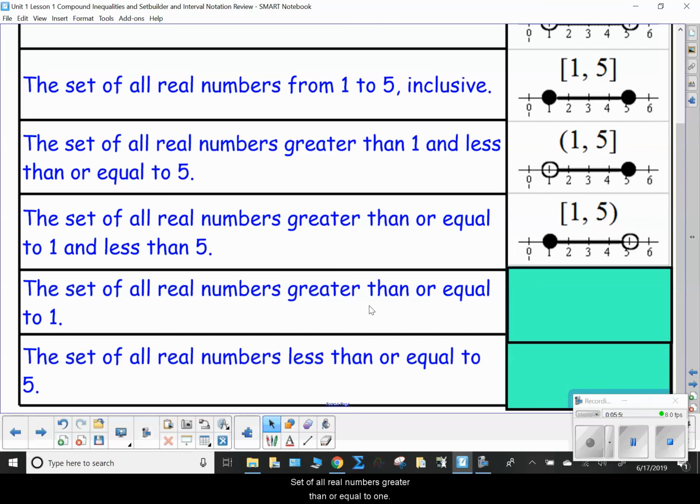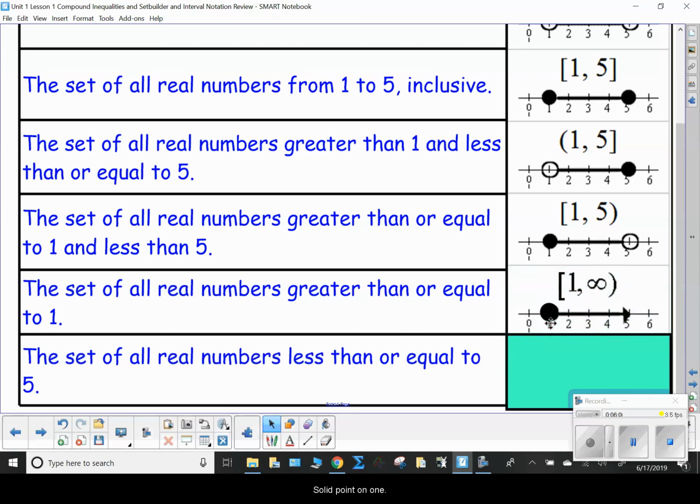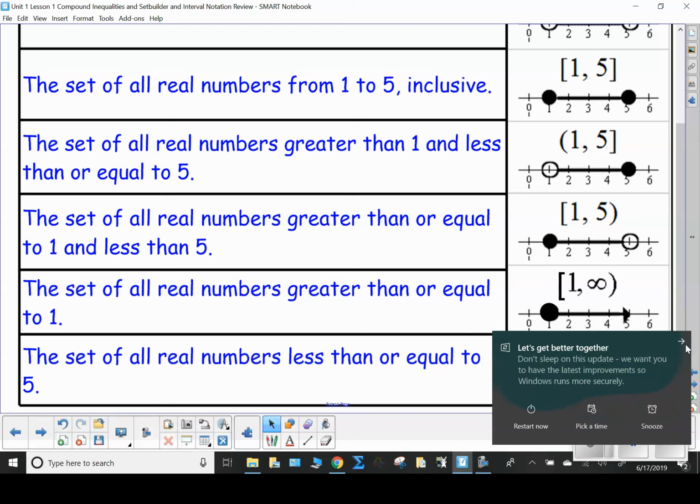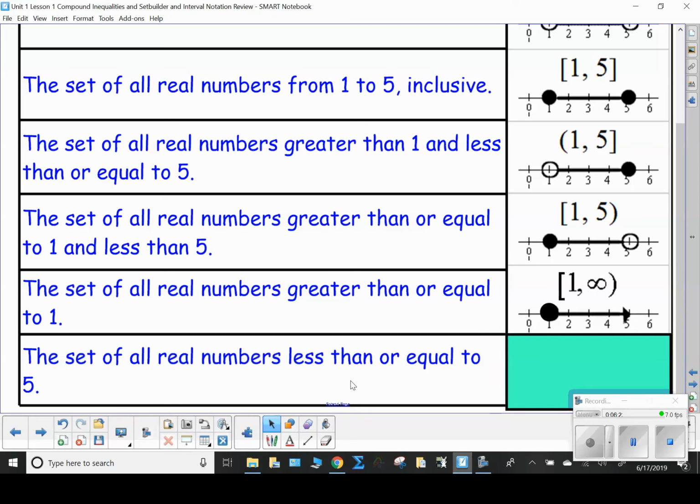The set of all real numbers greater than or equal to 1. Here, we've got a solid point on 1, a line with an arrow that says it goes forever. Well, if it goes forever to the right, we are going towards positive infinity. Number 5 is the set of all real numbers less than or equal to 5.